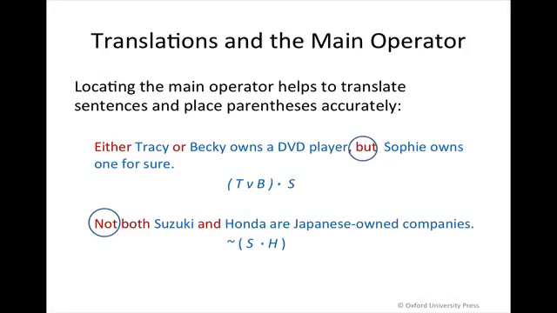The connectives are in red, and remember, either-or serves not as two connectives, but as a single connective. So when you see either-or, think wedge. And then the word but, the connective conjunction, is circled. That's the main connective. How do you know?